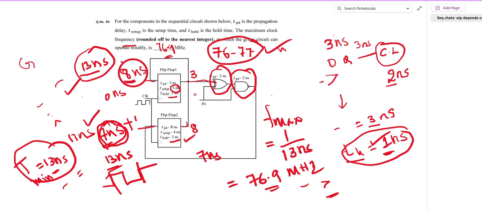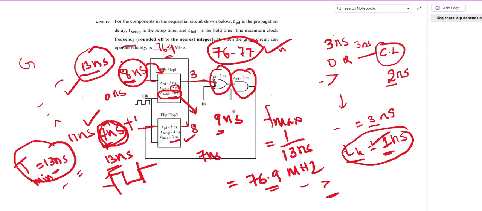Now you may ask, sir, suppose this hold time here is only 1 nanosecond, which is less than this 8 nanosecond, so there is no issue. Suppose this hold time is given as 9 nanoseconds, since usually the hold times are generally longer.